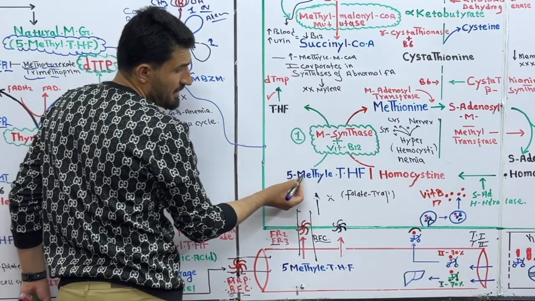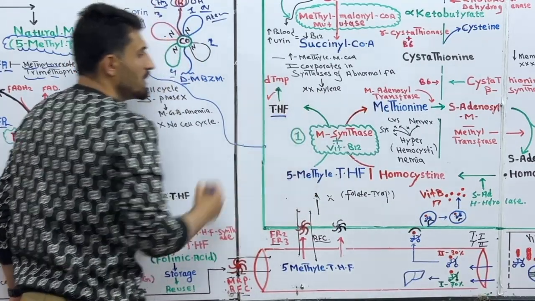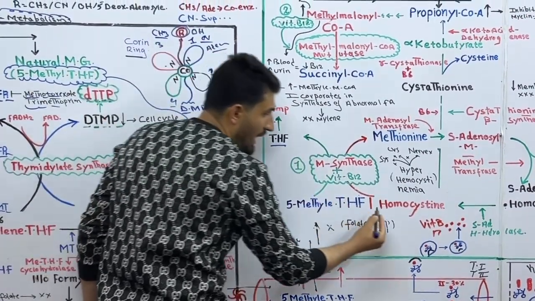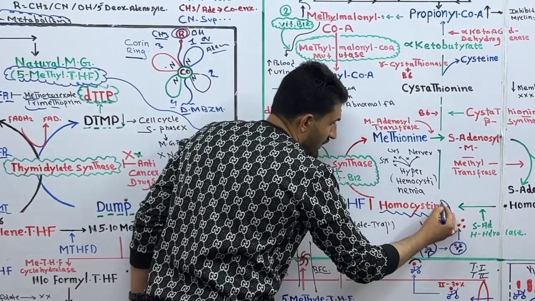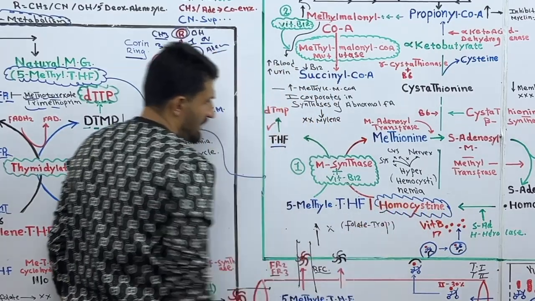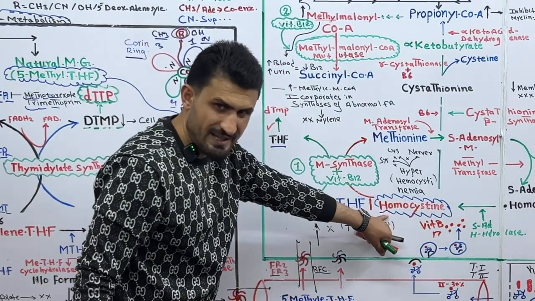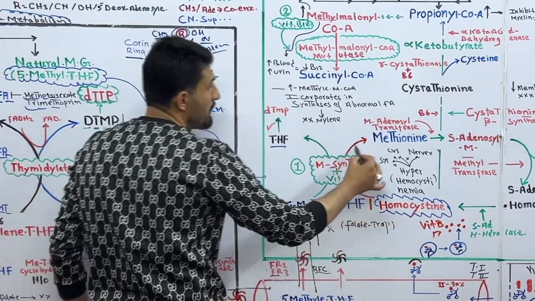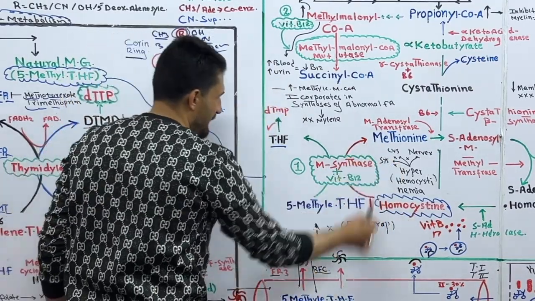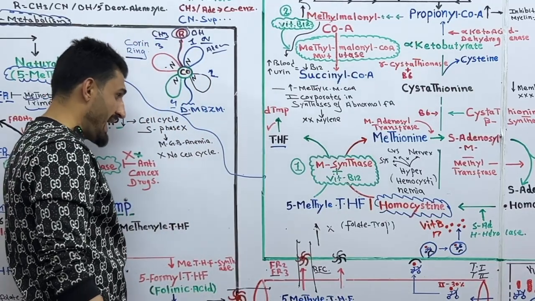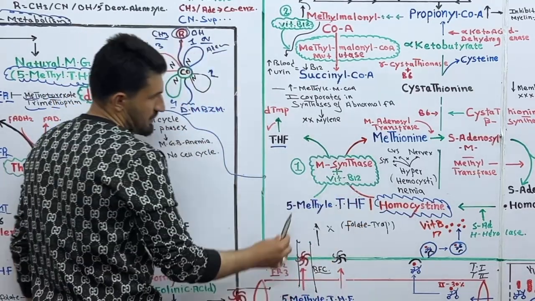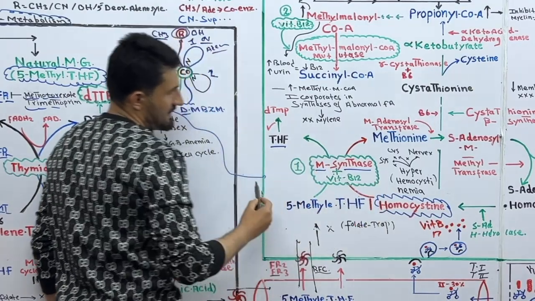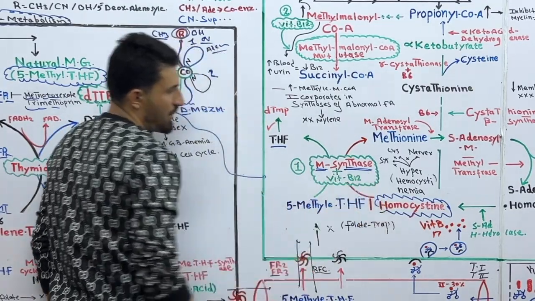We will convert 5-methyl tetrahydrofolate back to tetrahydrofolate, and in this process we will convert an amino acid which is not involved in synthesis of protein, called homocysteine, to methionine. This methionine is a very important amino acid. In this process the enzyme is called methionine synthase.